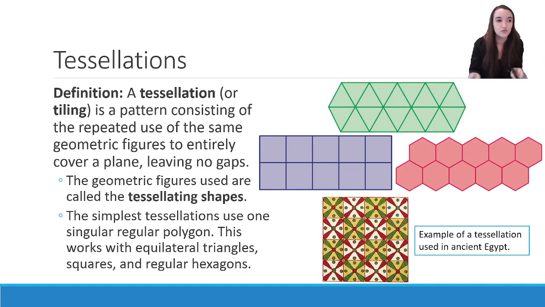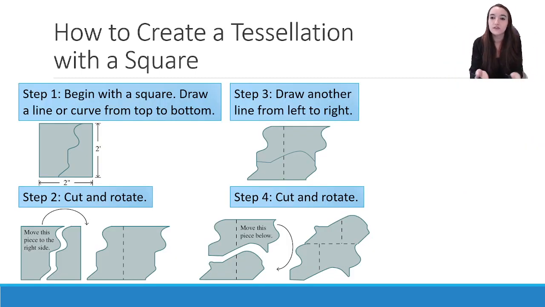And in fact, here is one way that you could create your own tessellation by taking really any of the shapes I just talked about, but specifically the square is the easiest one to work with in this manner. We begin with the square. We can draw a line or curve from top to bottom and cut it apart.